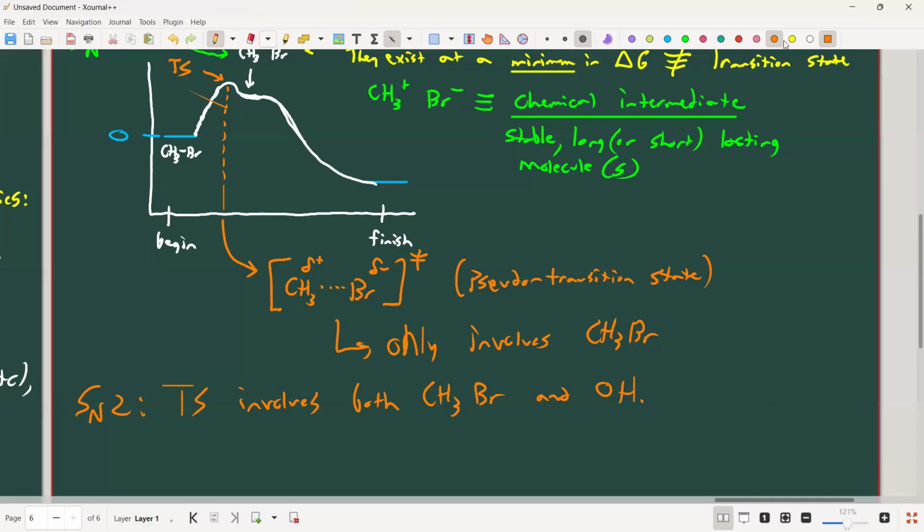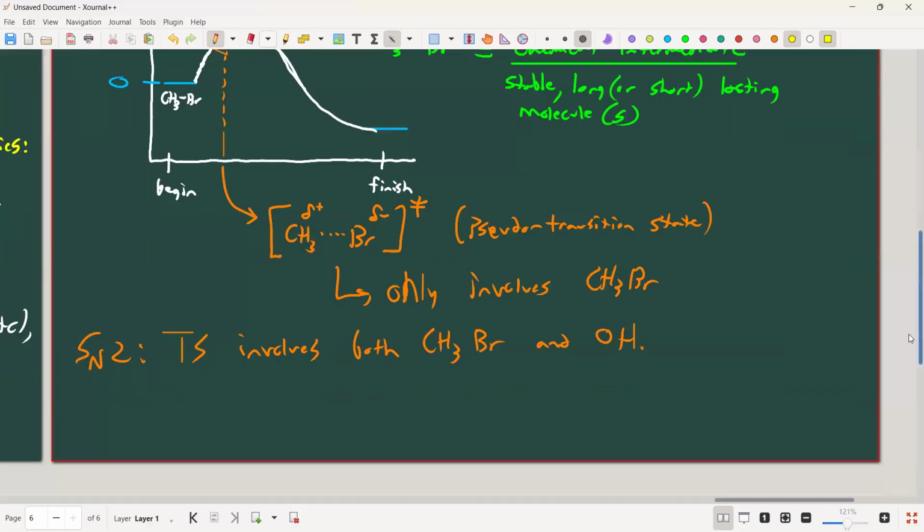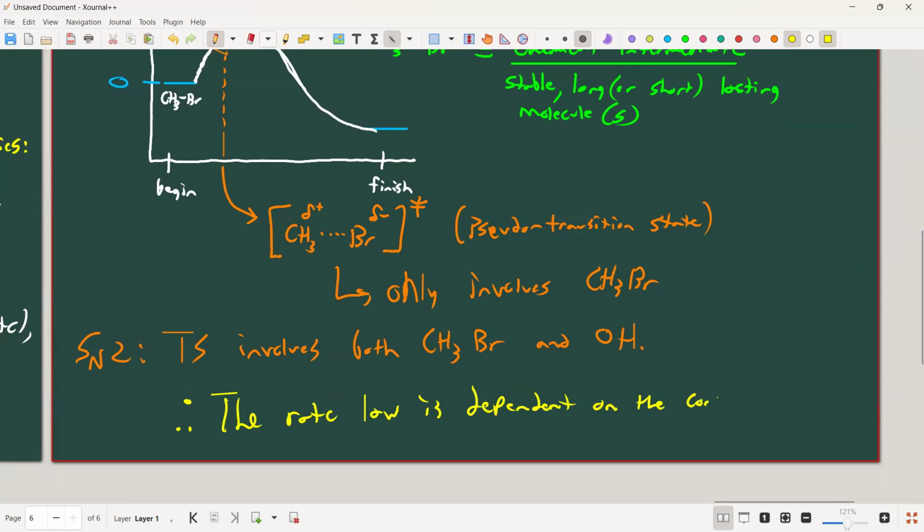So therefore, the rate law is dependent on the concentrations and stoichiometry of the transition state.